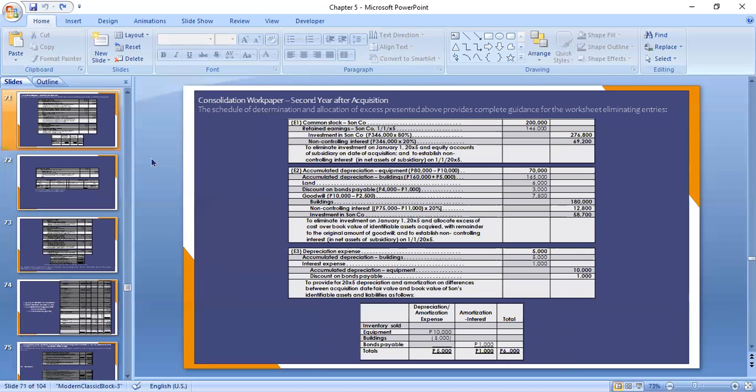So here we have the elimination entries.